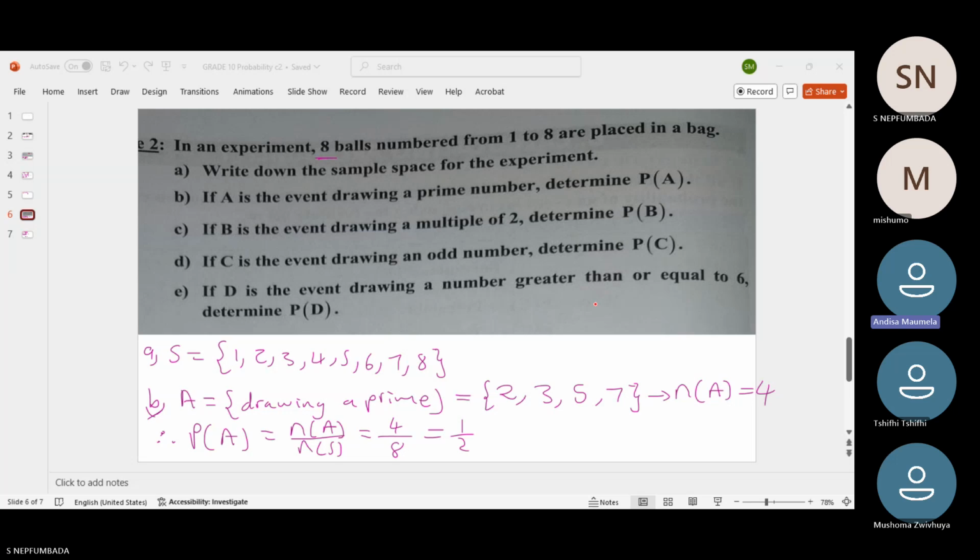Well, a prime number is a natural number greater than 1.